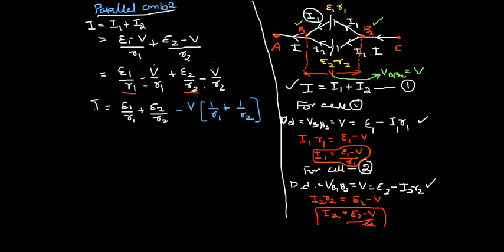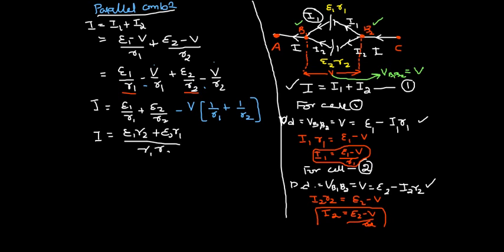Again solve this equation. Let us see what answer we will obtain. That is I is equal to E1 into R2 plus E2 into R1, whole divided by R1 R2.